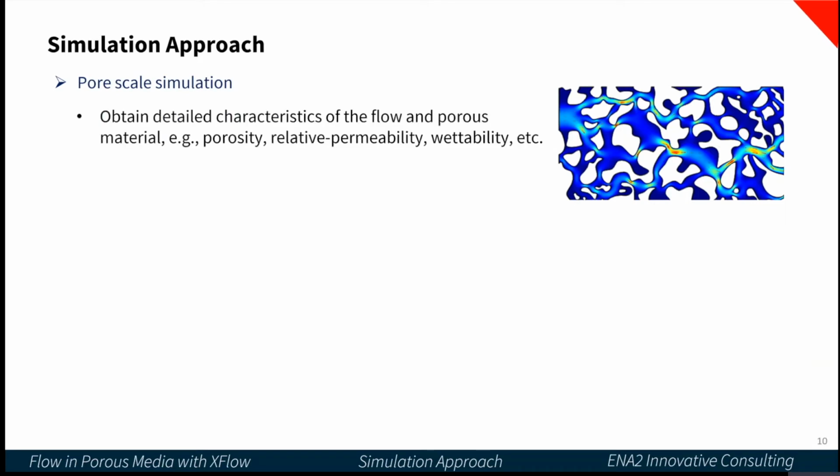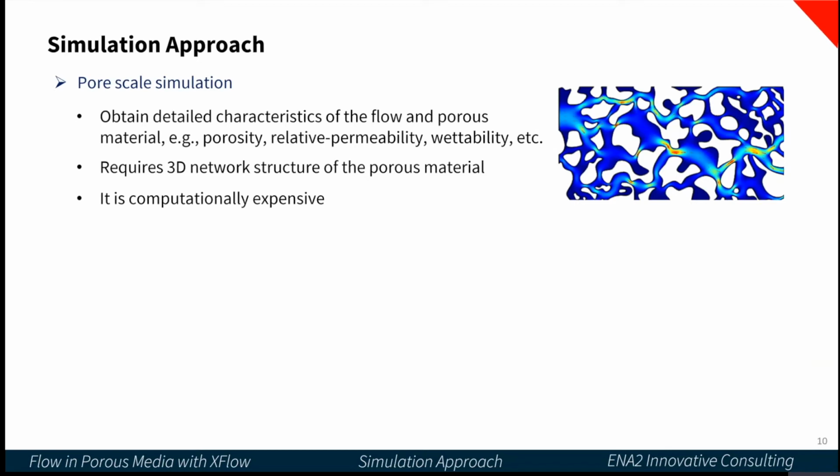We use pore scale simulation to obtain, for example, detailed characteristics of the flow and porous material, like porosity, relative permeability, wettability, etc. It requires the 3D network structure of the porous material. It is computationally expensive because those void spaces are very fine, maybe on the order of 10 to the power of -6 or even finer. As a result, it is not a practical technique for large domains.